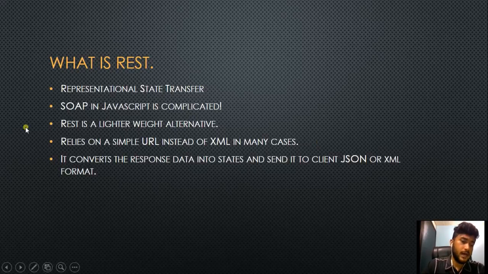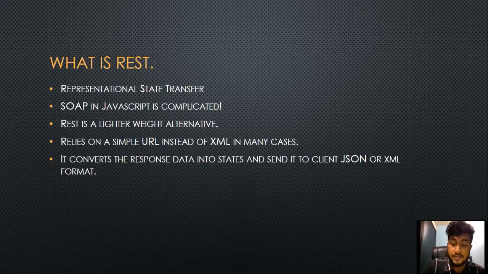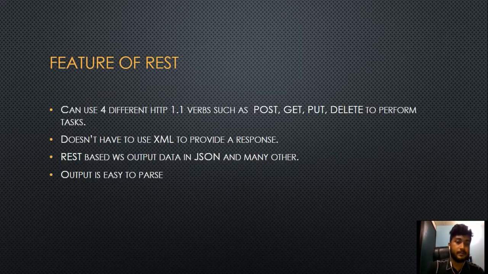It converts the response data into states, like I said before, and sends it to clients in JSON or XML. So it can send in both formats, JSON and XML, but JSON is most preferred with REST because they work better together. So let's see some features of REST.